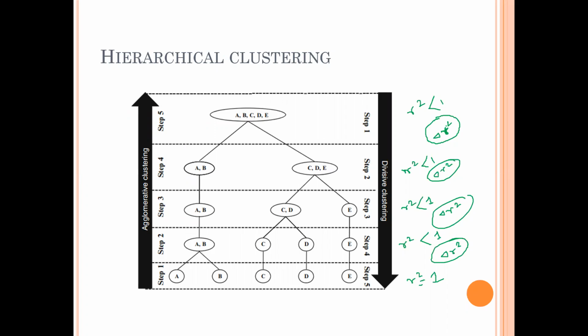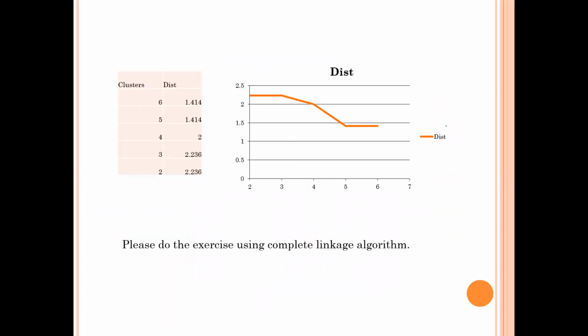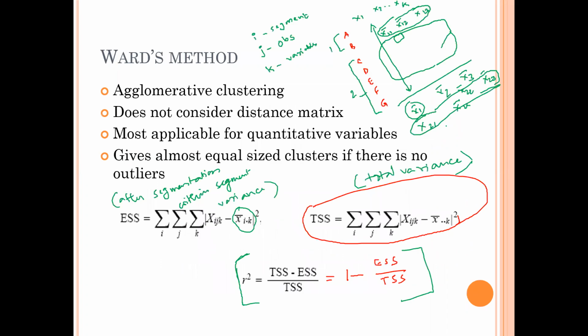Now these two methods depend on the data size. The larger the data, the more difficult the calculation. There is another simpler method which has been found, which is k-means, which is also found to be a very useful method, and we will talk about that.